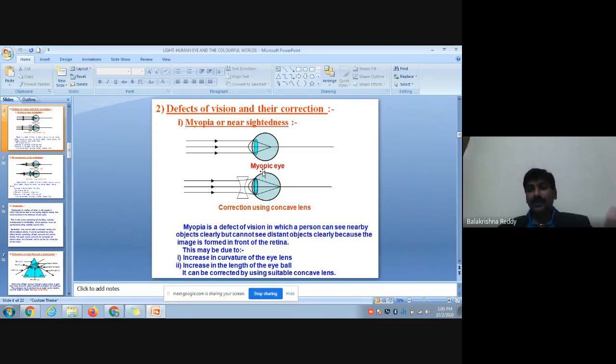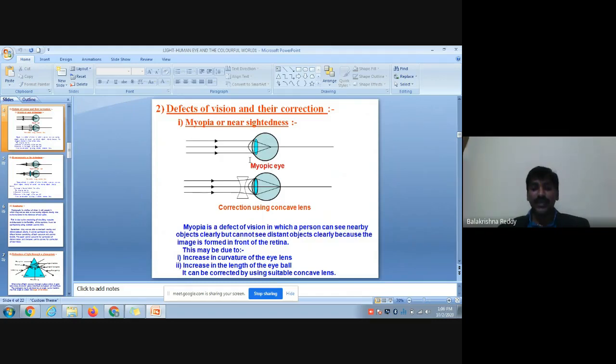Like in our classroom, there are some students who wear spectacles. They are not able to see what is going on on the board, but they can see what is in their notebook. Such a defect is called myopia, or nearsightedness, right?